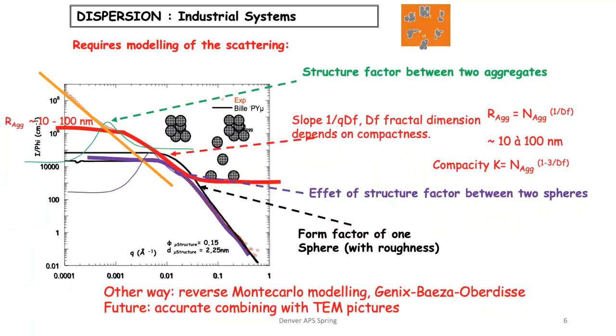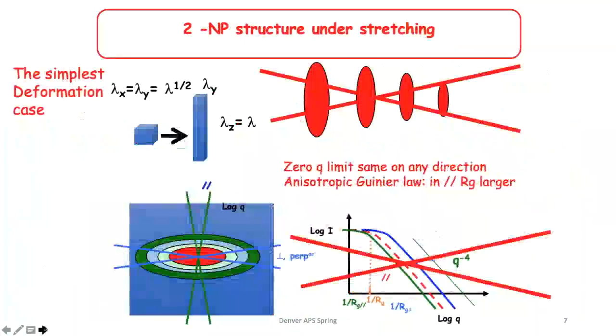And what the people of Montpellier are saying in their colleagues' review is that in the future, probably the best way of representing those aggregates would be to combine such a method with more information from the electronic microscopy pictures, to make a combination of both. So this is about it for the structure at rest.